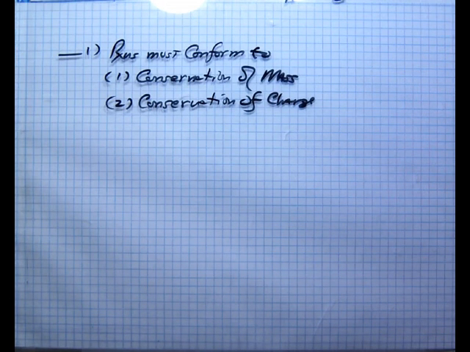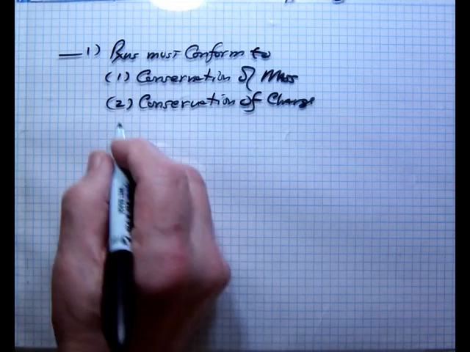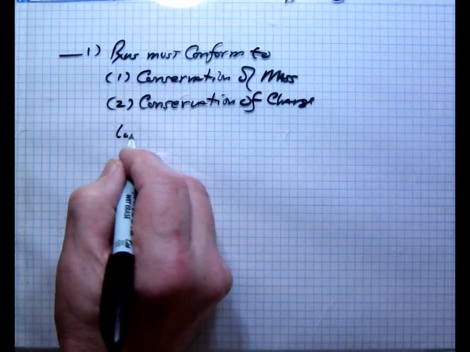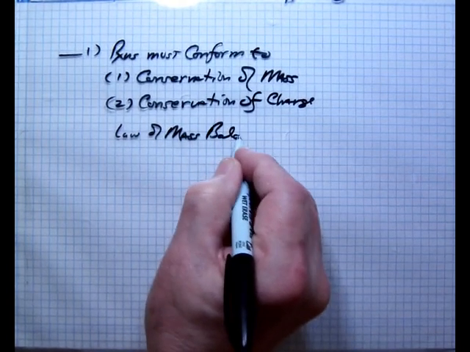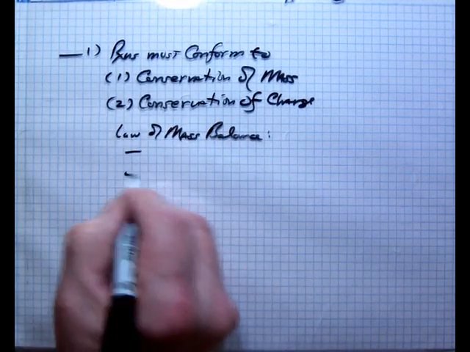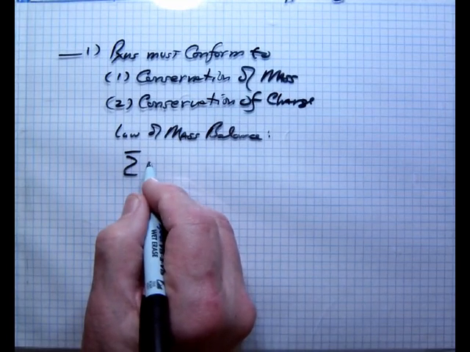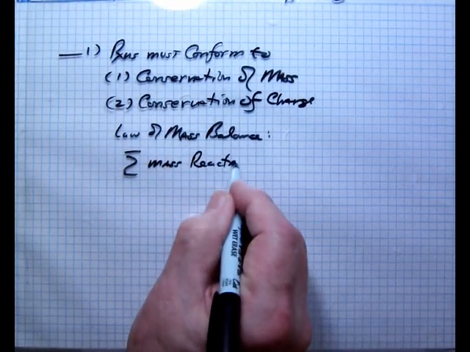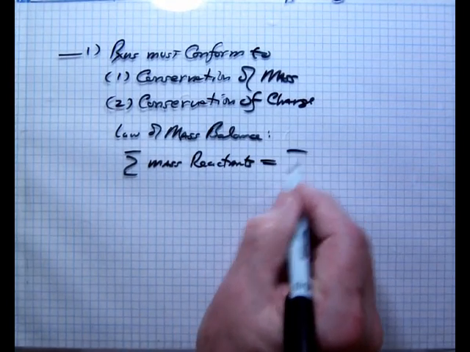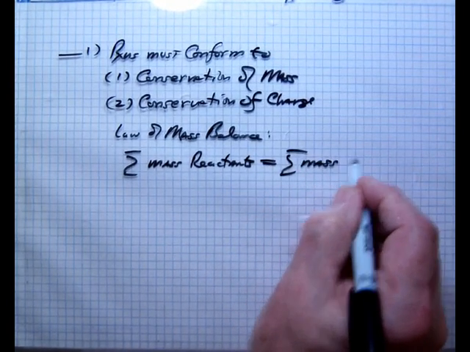So in question 1, how do we know if an equation conforms to the law of conservation of matter? Well, that is the law of mass balance, which refers to the sum of the masses of reactants equals sum of the masses of the products.